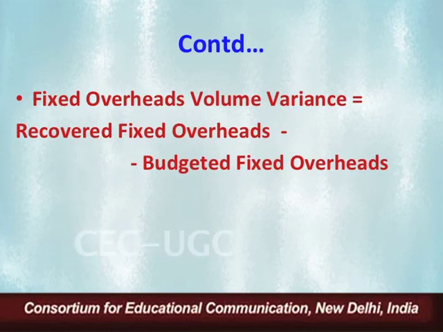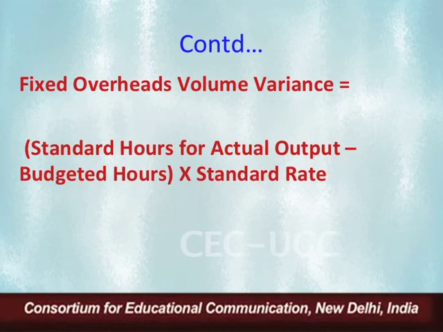If I have to expand the formula, it becomes standard hours for actual output minus budgeted hours. So we are finding the difference between standard hours and budgeted hours, and then multiplying it with the standard rate, and accordingly we assign the tag of favorable, adverse or neutral on the basis of the amount we receive.